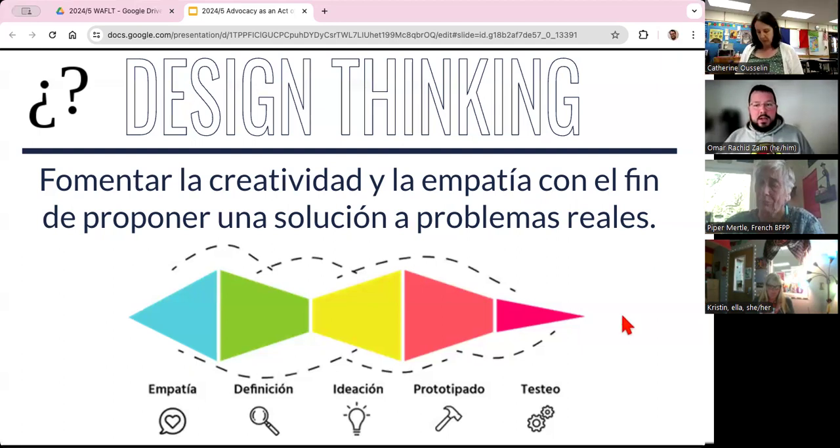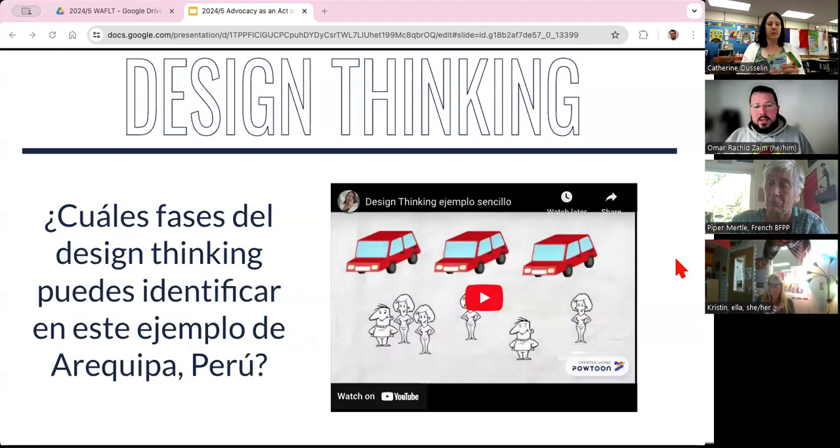And I try to not stay hung up on needing to know what design thinking is. I want them to recognize that there are 5 steps and that we're going to go through this 5-step process. So earlier I said that all I'm looking for in this part of the unit is that identifying, that matching.